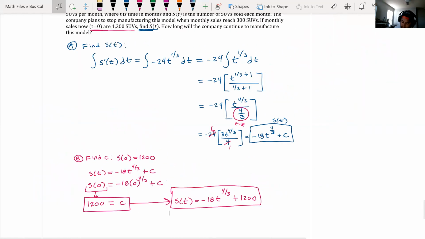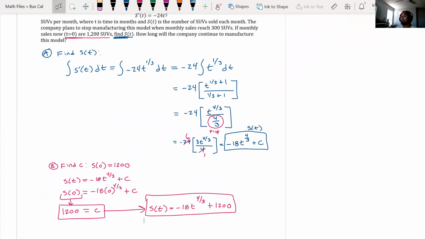Okay. And we have one final thing to answer. It says, how long will the company continue to manufacture this model? So we read the problem again. It says, the company plans to stop manufacturing this model when monthly sales reach 300 SUVs. So that's our next clue. We're going to solve for time here.